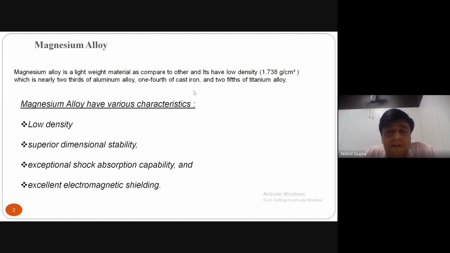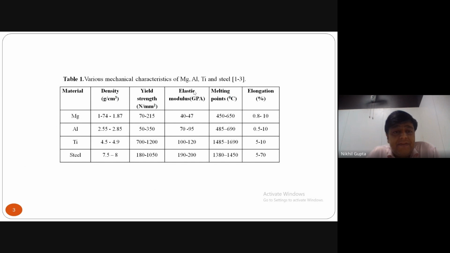Due to this low weight density, it also has various characteristics: low density, superior dimensional stability, exceptional shock absorption capability, and excellent electromagnetic shielding. Sir, this is the slide in which we compare the magnesium material to aluminium, titanium, and steel.